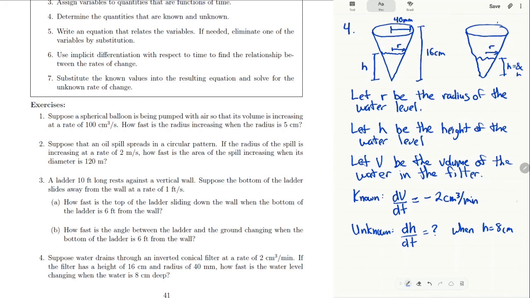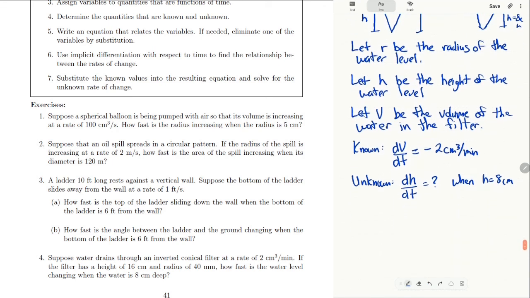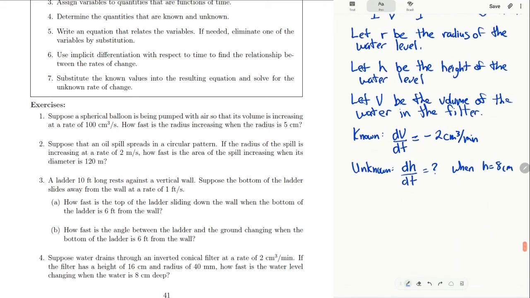So now what we're looking for is a relationship between the volume of the water and the height of the water. We know that the volume of a cone is 1/3 pi r squared times h.